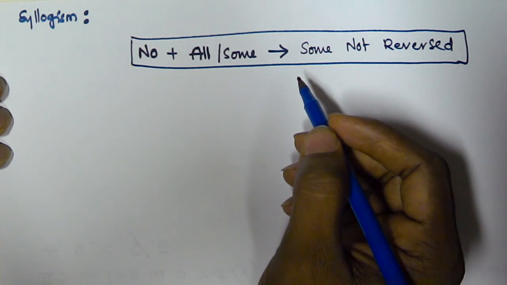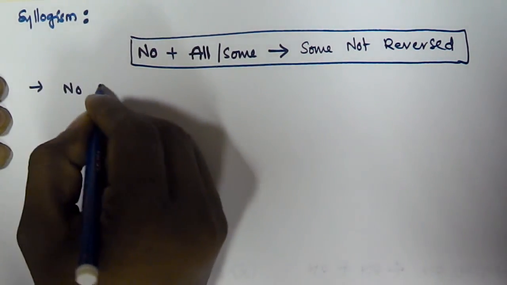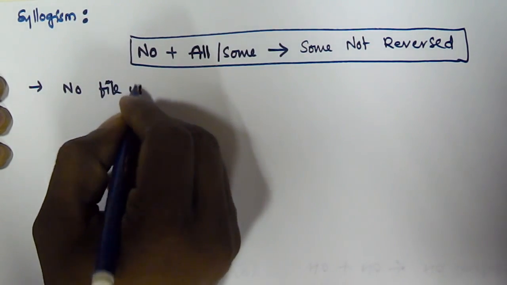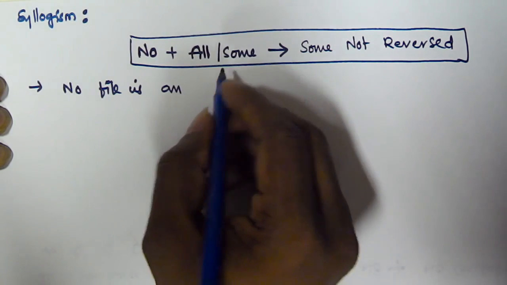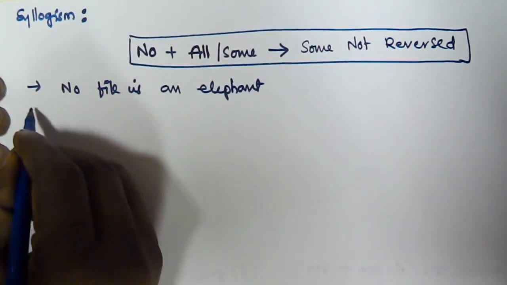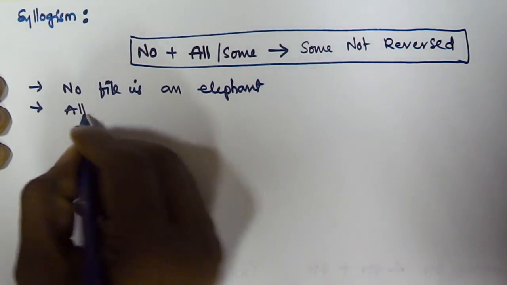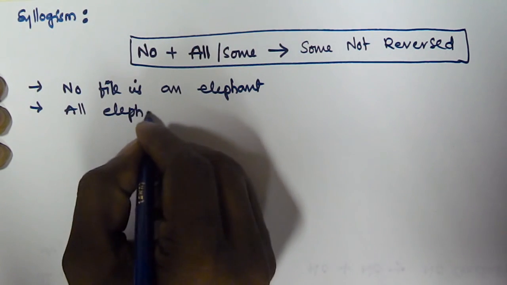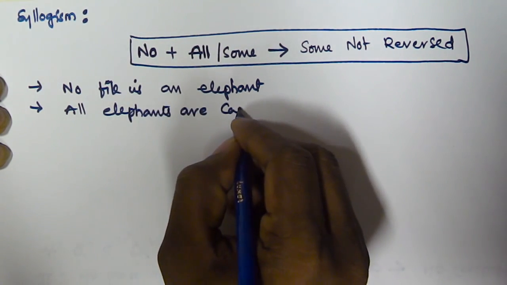The first syllogism given is: no file is an elephant. The second syllogism given is: all elephants are caps.